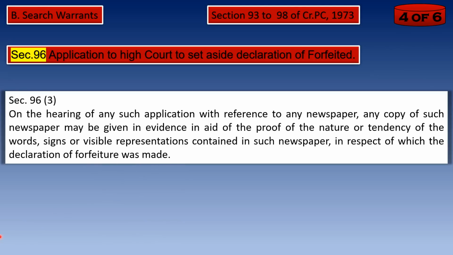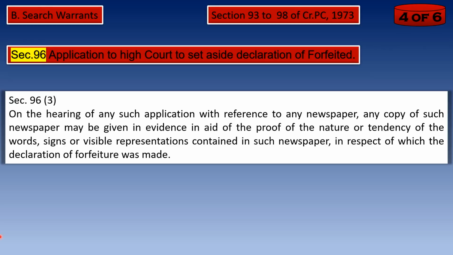Well, subsection 3 of section 96 is simply explaining to us that an application which is referred to any newspaper, now here it is talking only about newspaper, so we'll consider only newspaper over here.